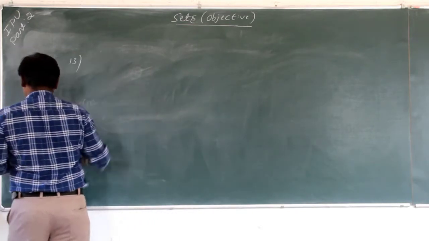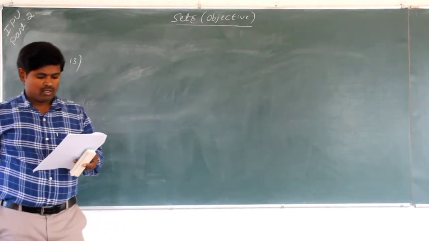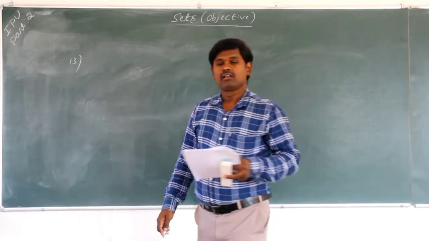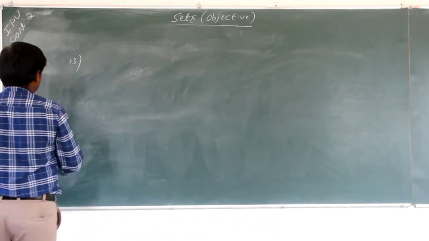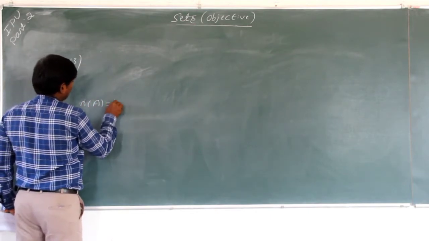Question number 13. A set contains k elements, then the power set of this set contains dash elements. That means a set contains k elements, so n of A is equal to k.